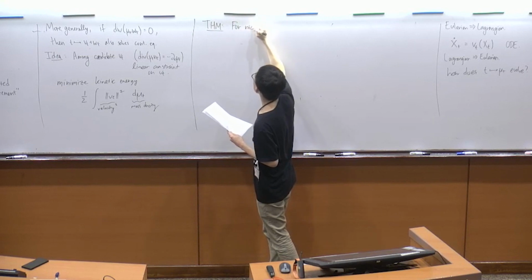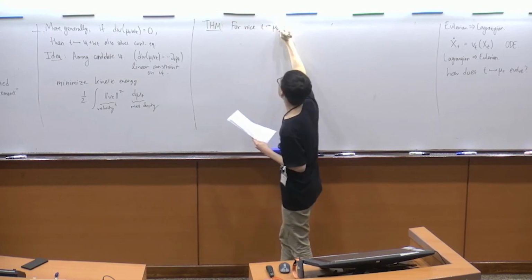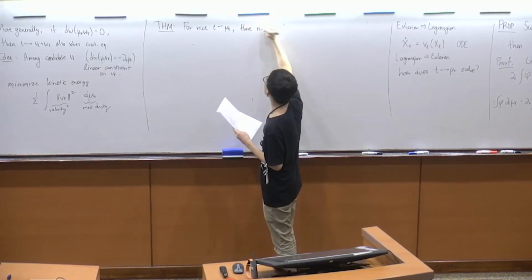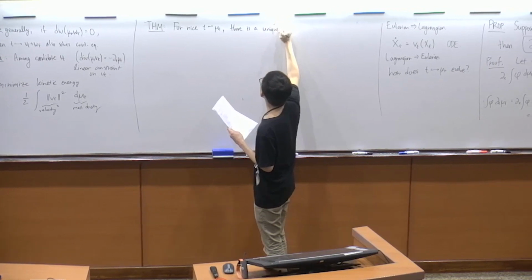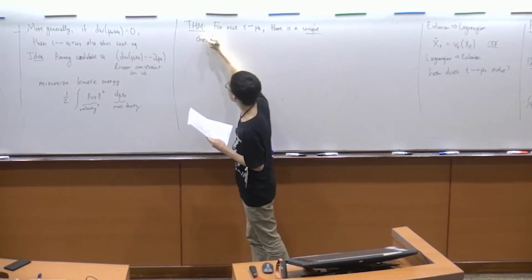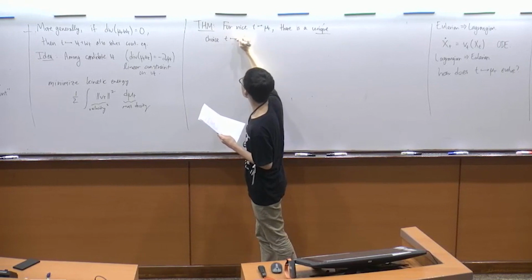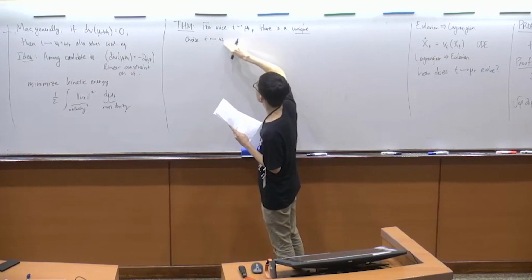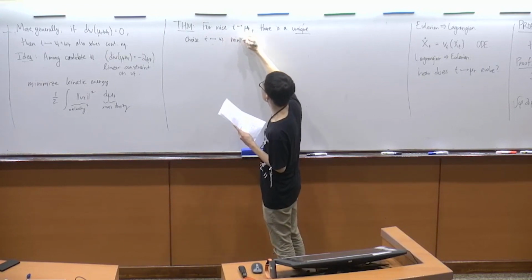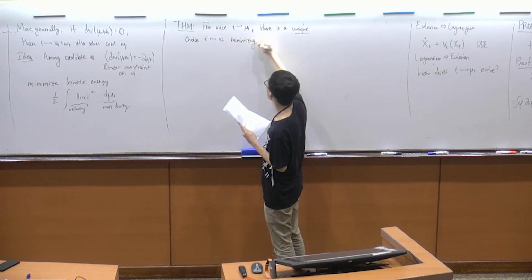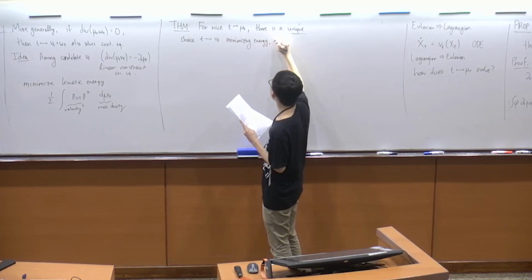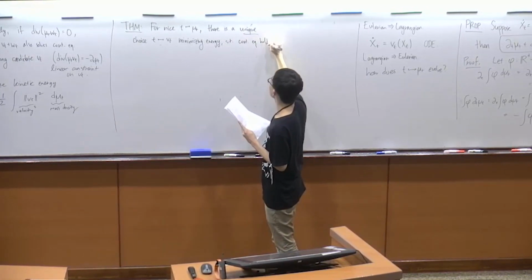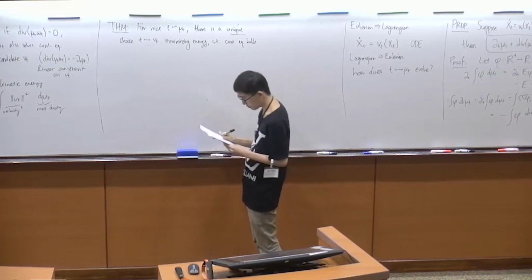For nice curves of measures, there is a unique choice of velocity vector fields minimizing the kinetic energy, such that the continuity equation holds. In other words, Vt explains mu-t.